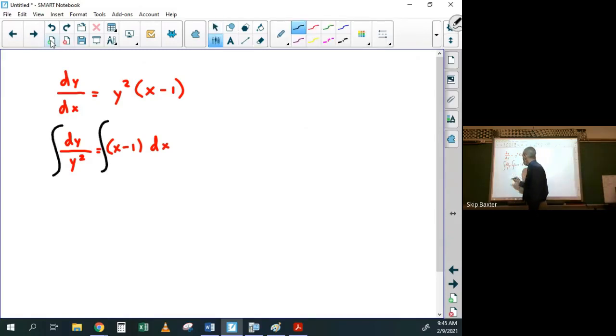Integrate. So on the left side, this is y to the negative 2. Its integral would be y to the negative 1 over negative 1. The integral of x plus 1 is x squared over 2 minus x plus c.